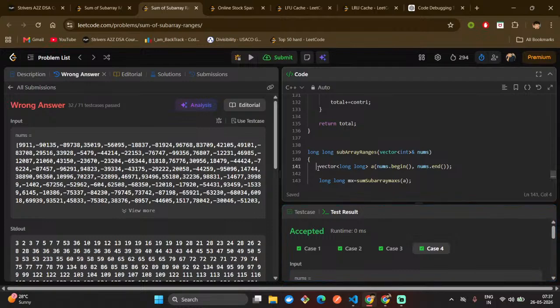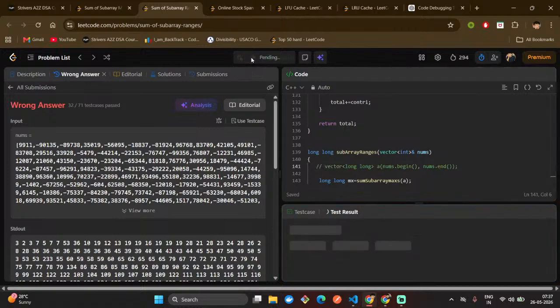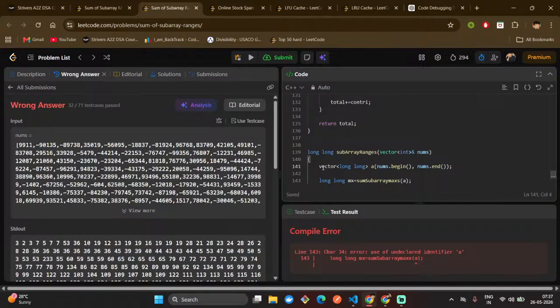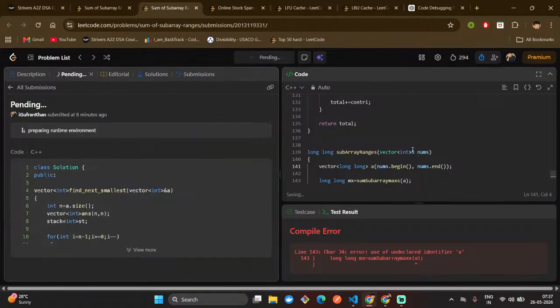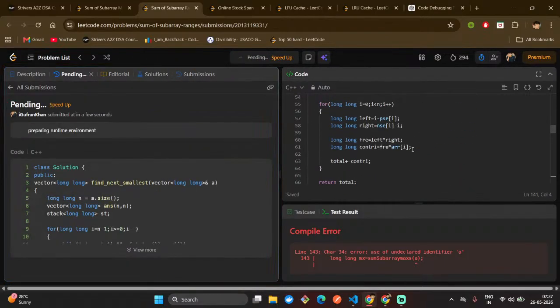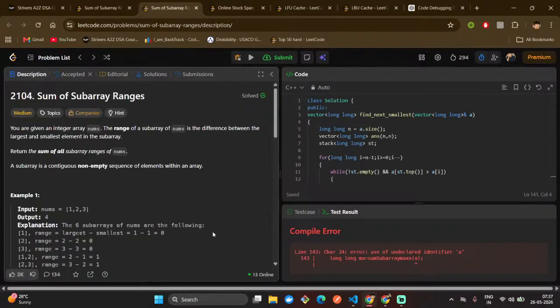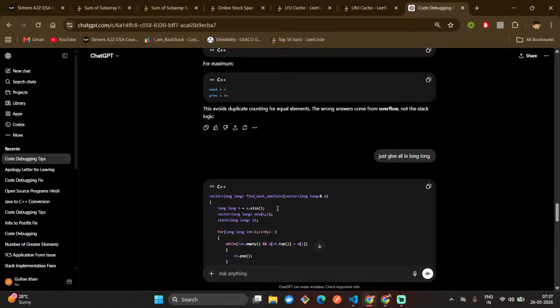So why is sorting, bro? It's not sorted. Okay. This is not sorting, but all are... Just I have to learn one thing, right?